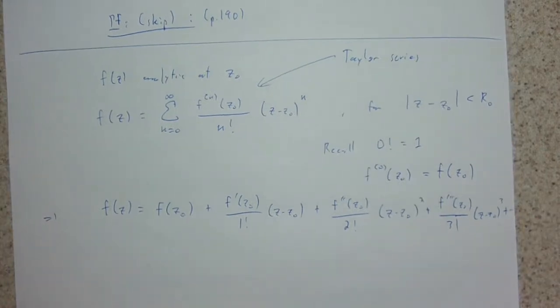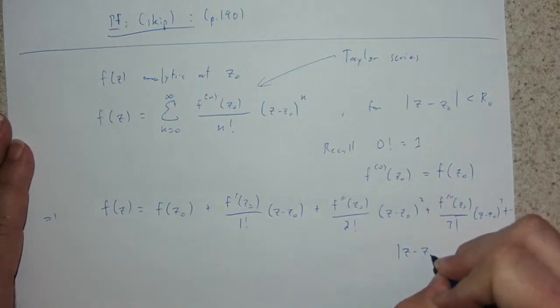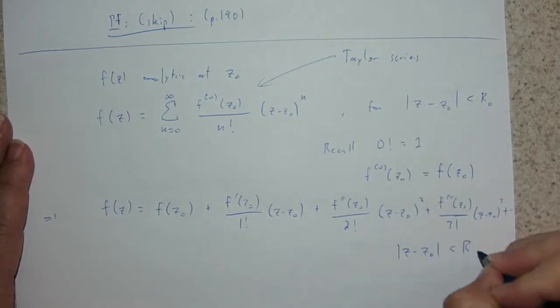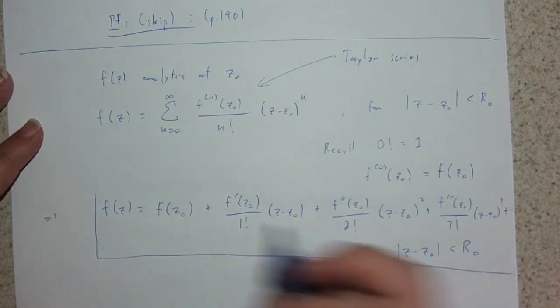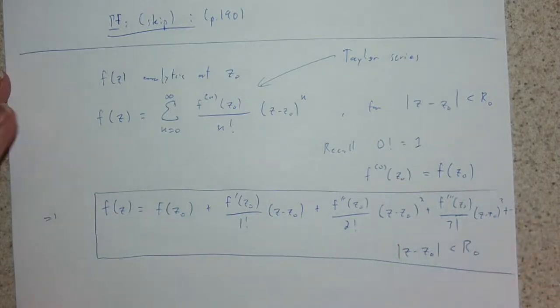So that's what this thing looks like. Okay, and this is, of course, for all z belonging to this neighborhood. This is what it means to expand f as a Taylor series about z0.